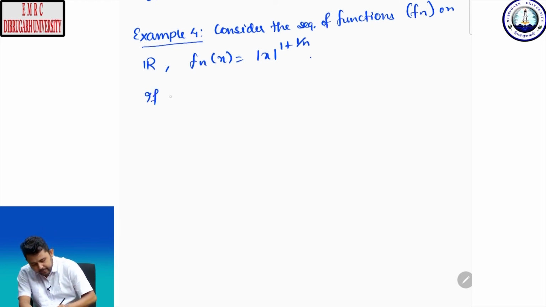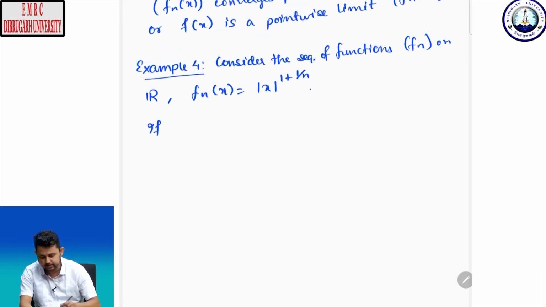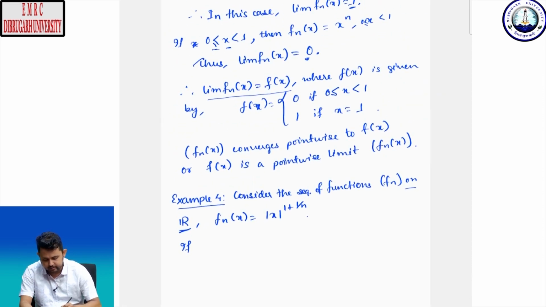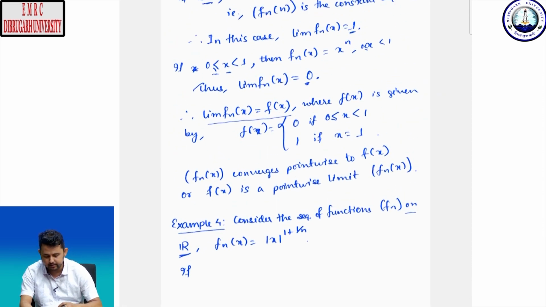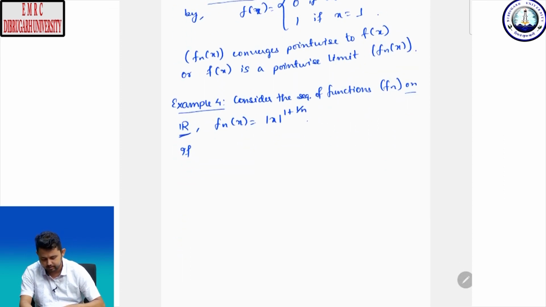Now note that here the sequence of functions is defined on the whole set of real numbers, unlike the previous case where the sequence of functions was defined only on the closed interval 0 to 1.